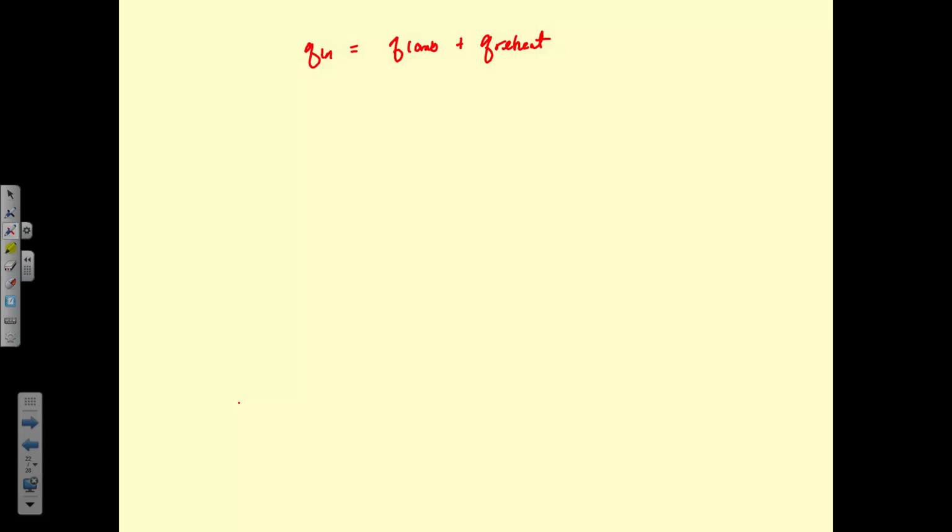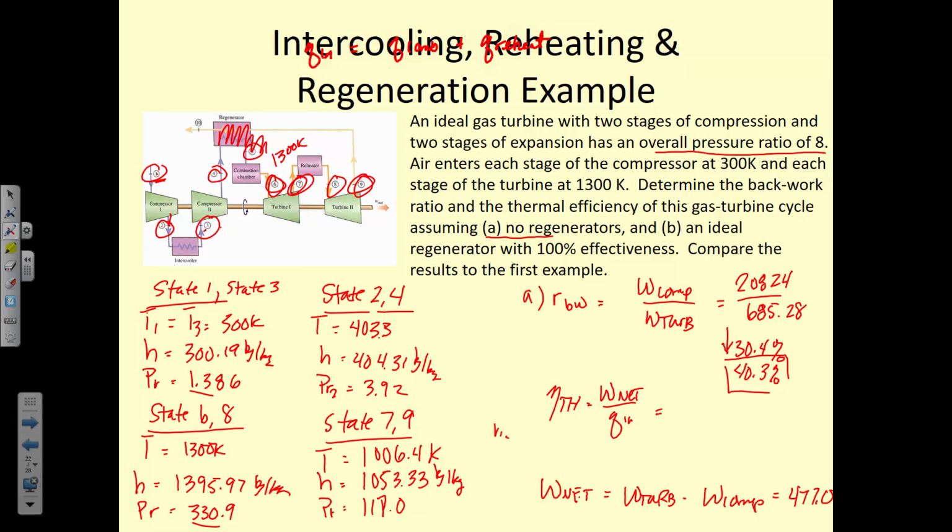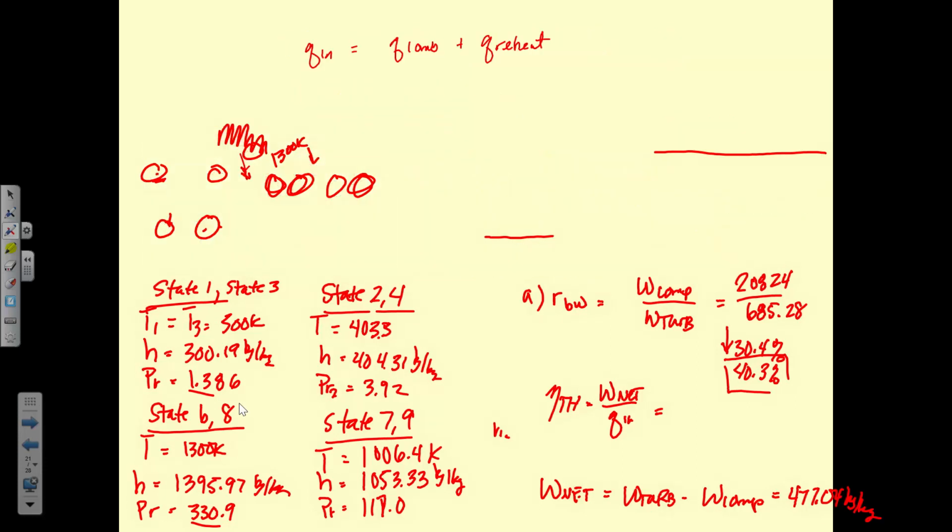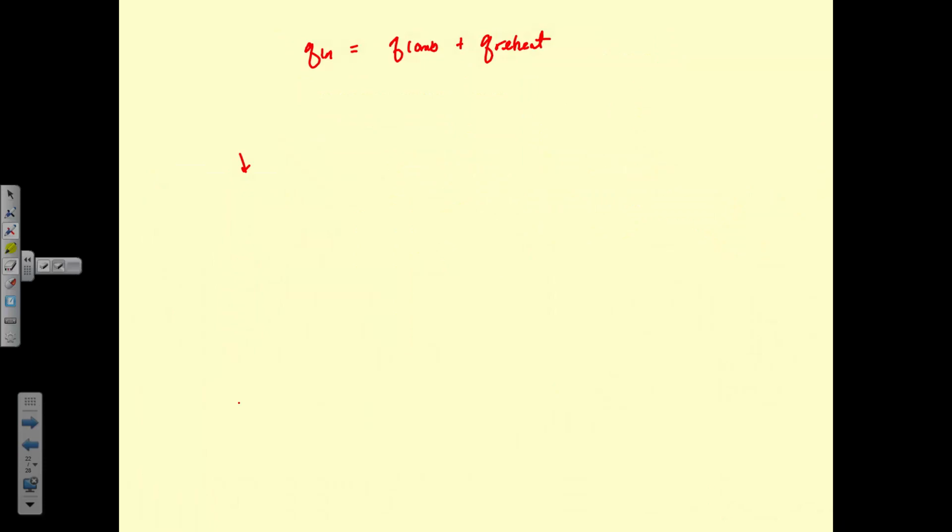Okay, so if we look at that picture, we have a Q in here and a Q in here. So combustion and reheat. So the combustion process happens between H6 and 4, and the reheat happens between 7 and 8. So we have H6 minus H4 because we're ignoring, for now, a regenerator, plus H8 minus H7.